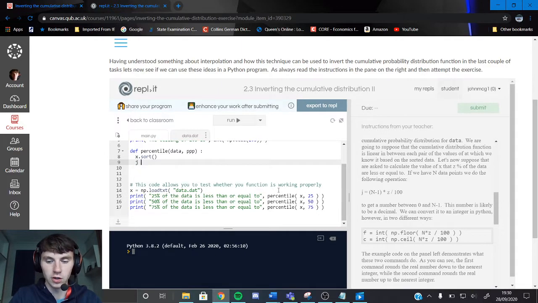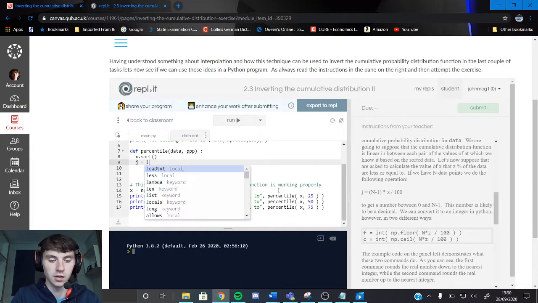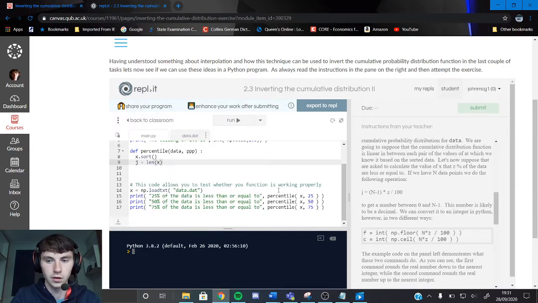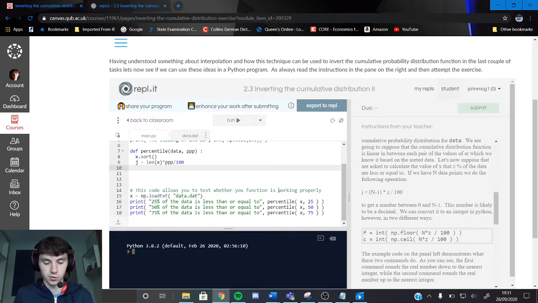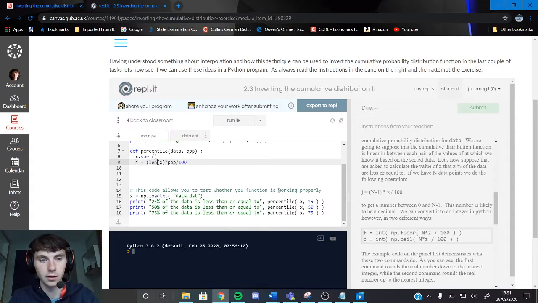So let j equal n, which in this case is the length of the data, so it's the length of x, multiplied by the percentage, so PPP, divided by 100. So this is the exact x value that we want, right? But we're going to suppose that there are two points between it, because this is not going to be a whole number, not an integer.